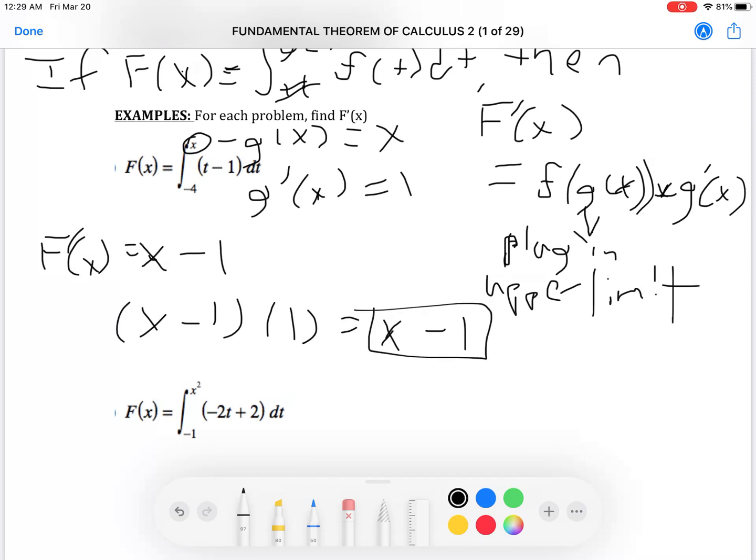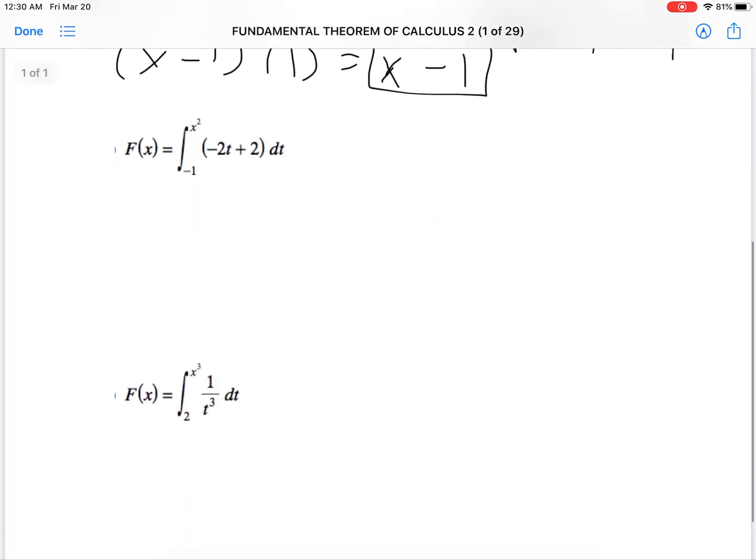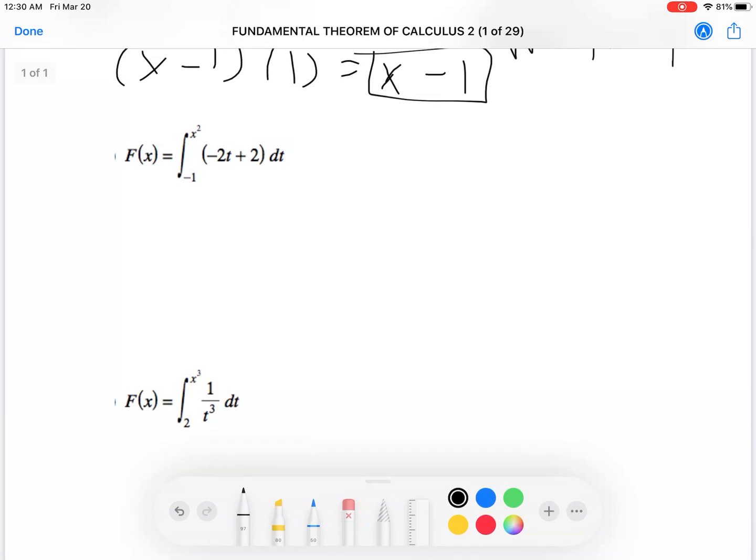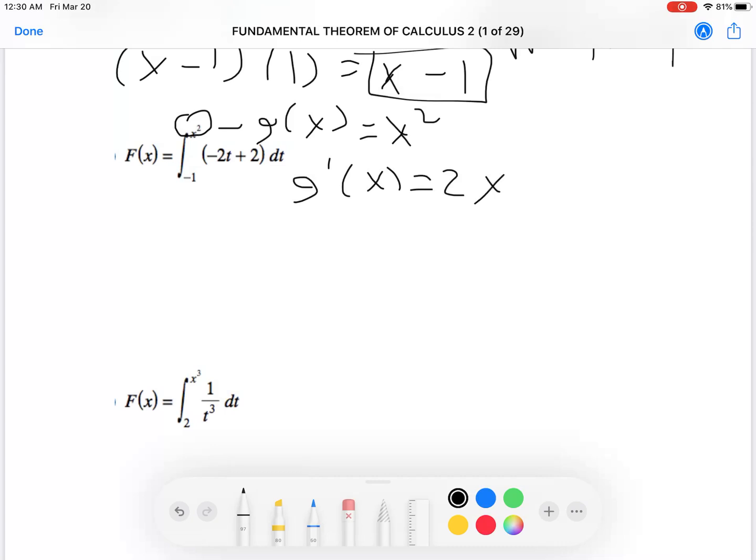All right, let's go to a more interesting example at the next level. Here, I have an upper limit of integration that is something a little different than just x. We'll say that it's x squared, and the derivative of this is 2x.